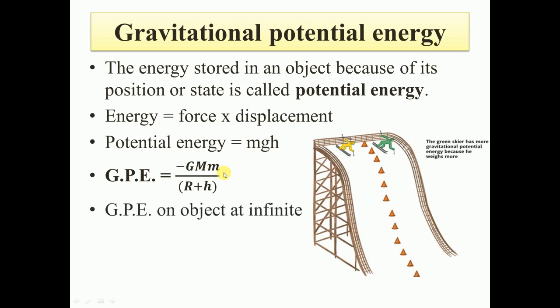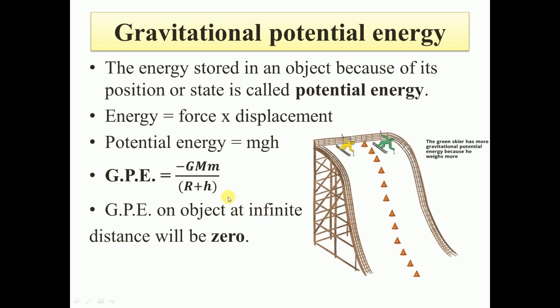Now the GPE of an object at infinite distance will be 0. Why does it happen to be 0? As you know, the force of gravity decreases when we move away from the earth.